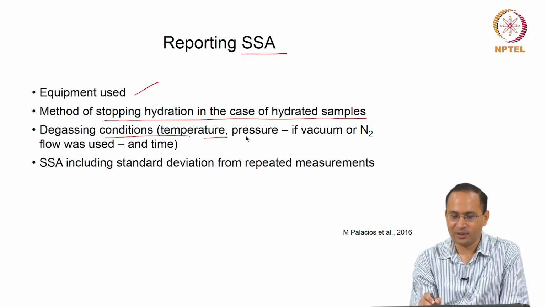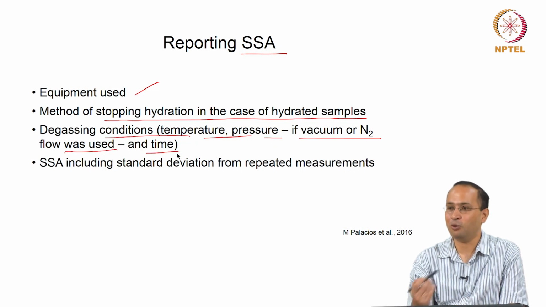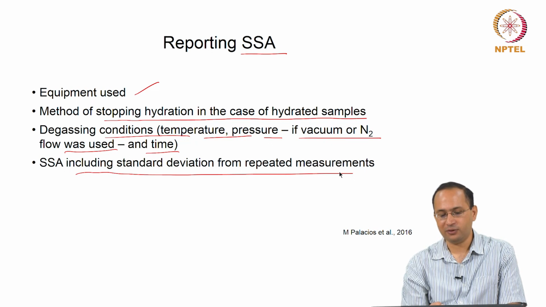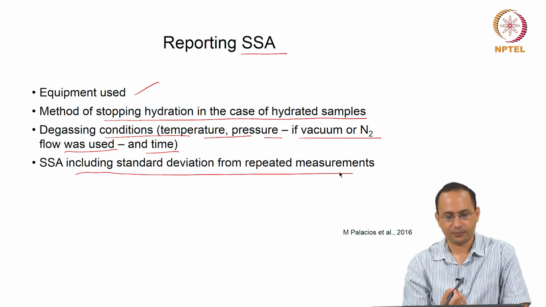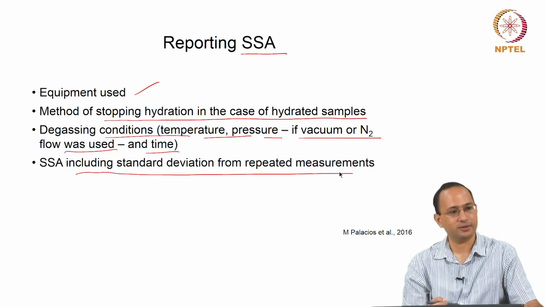Degassing conditions: temperature, pressure, whether vacuum or nitrogen flow was used, and for how long. These are very important. And finally, it should include the standard deviation from repeated measurements. These are typically the things which we report when we carry out surface area measurement using BET.